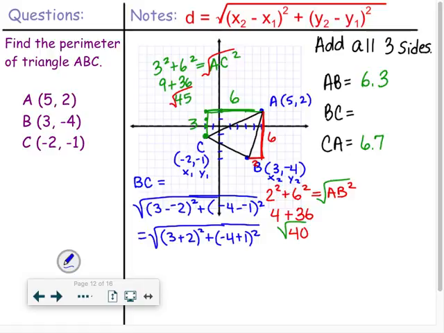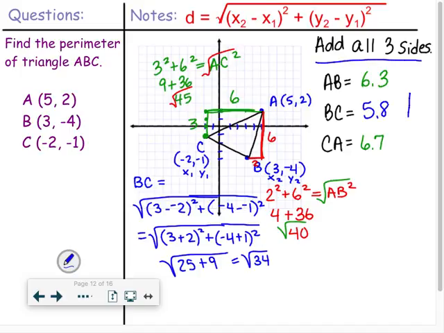3 plus 2 is 5, and 5 squared is 25. Negative 4 plus 1 is negative 3. Negative 3 squared is 9, so this one is the square root of 34. The square root of 34 is about 5.8, and the perimeter, we have to add all of these sides.